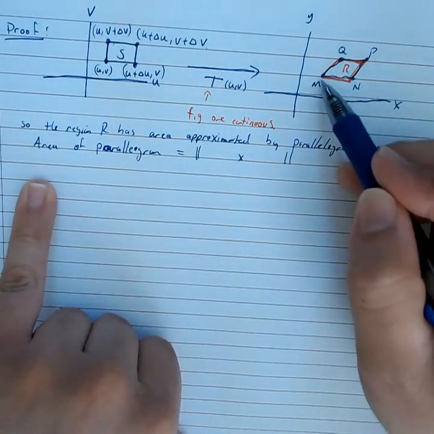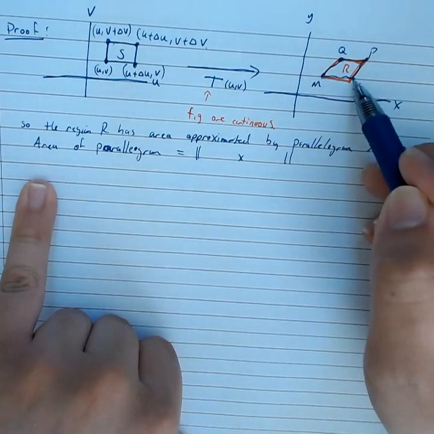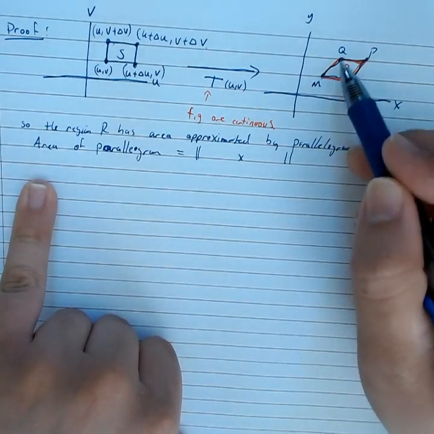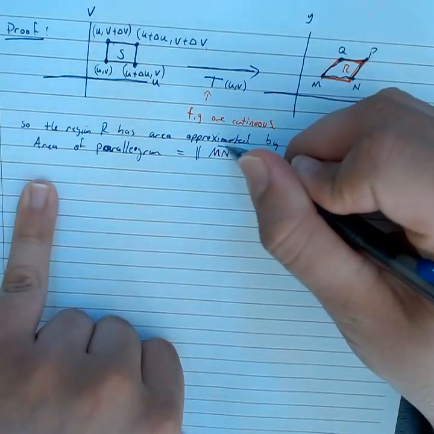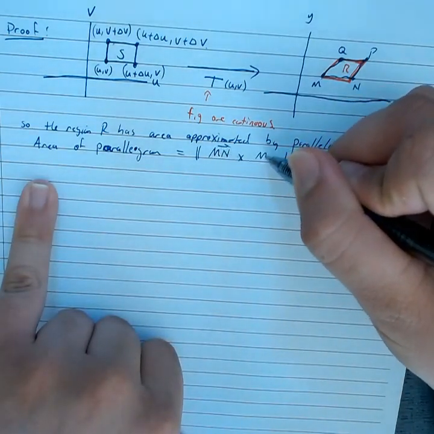Let's do the vector from M to N, and the vector from M to Q. So that's MN crossed with MQ.